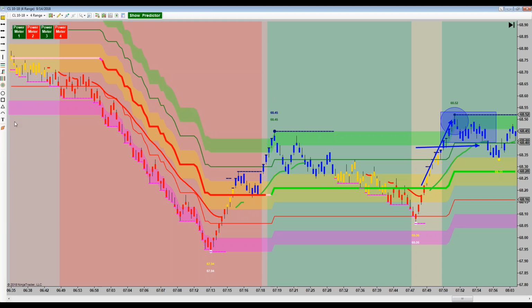And the reason for that, just to take a second to explain our logic in approaching it this way, is that if you look at this level right here, and you look at all these bars that have just slightly pulled back off of 68.52, and here, these bars right here, if you were to take a long trade here, just hypothetically, not that you would and you shouldn't, but if you did, if you took a trade here and you were filled on this bar right here, or even if you got in on one of these bars, what is the distance between your entry and the swing level here?